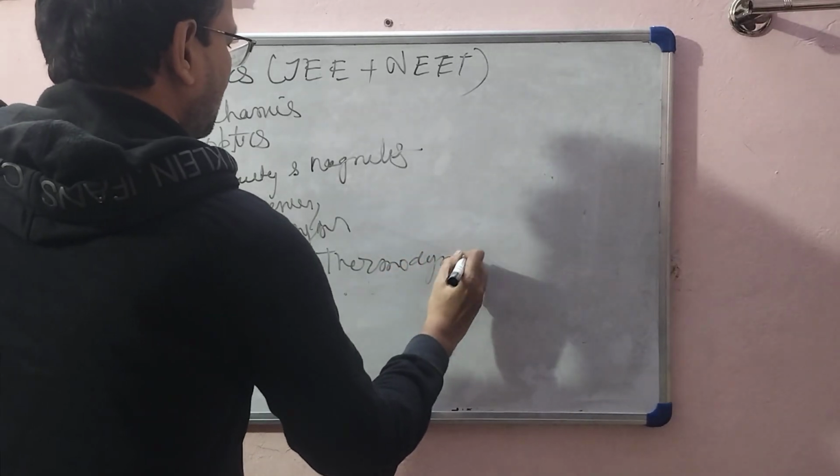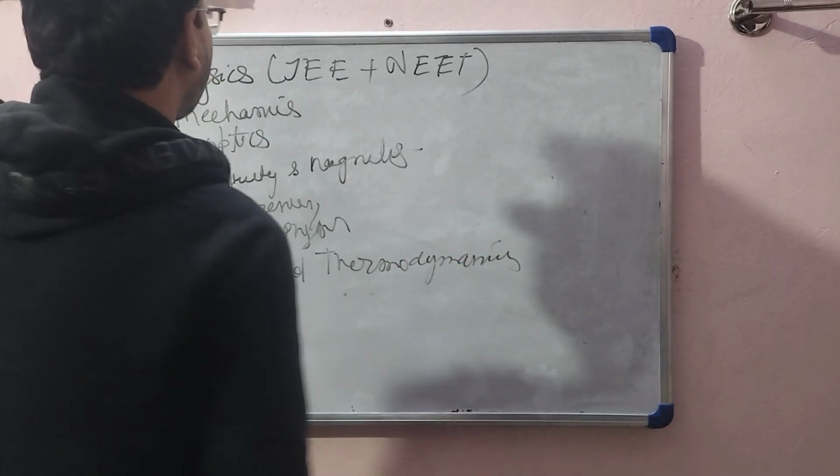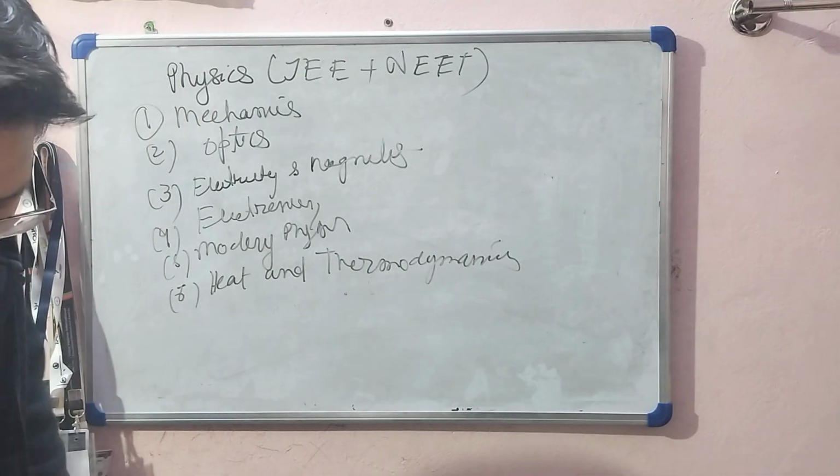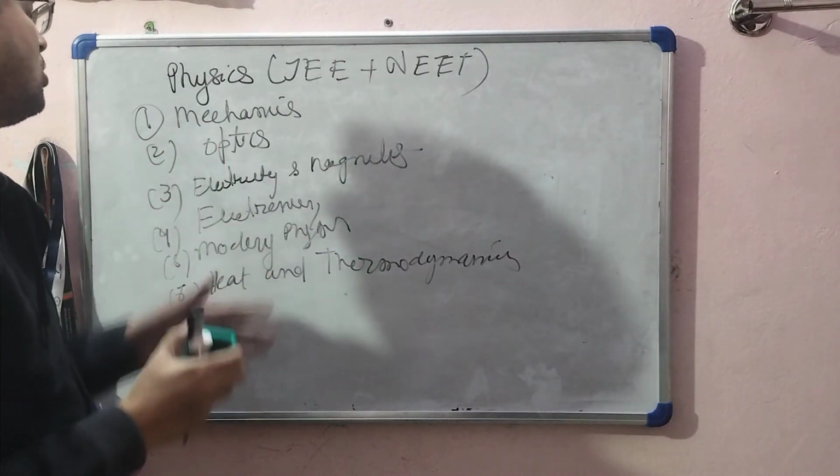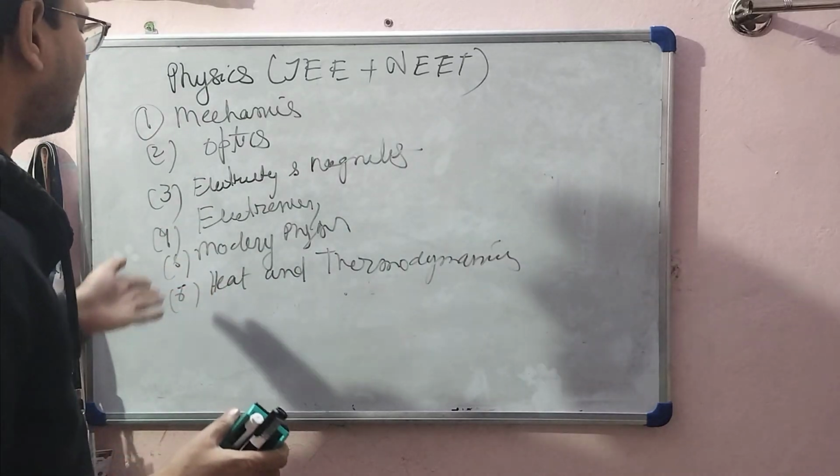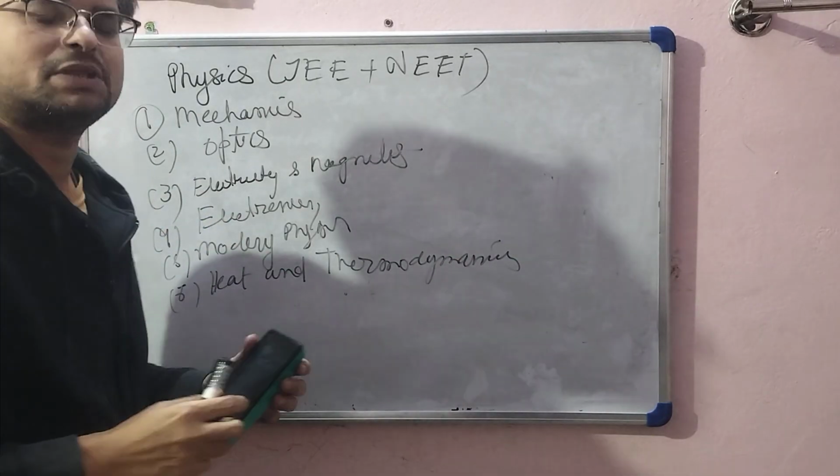There are different branches of physics: mechanics, optics, electricity and magnetism, modern physics, heat and thermodynamics.